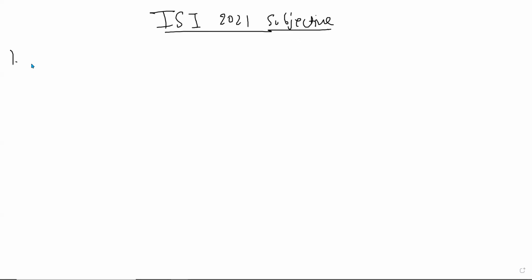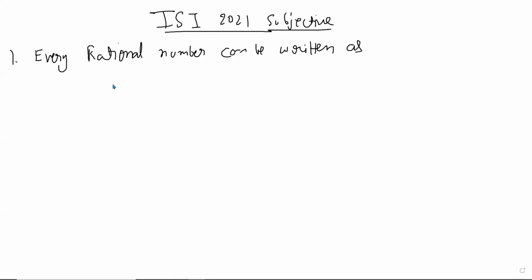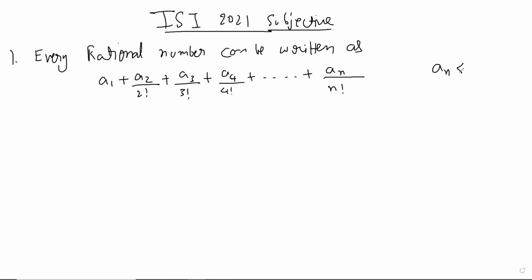We want to show that every rational number can be written in terms of these factorials as the denominators, as a finite sum of this kind: a1 over 1 factorial plus a2 over 2 factorial and so on, up to an over n factorial, where obviously we have conditions on the weights, and these conditions are usually for uniqueness.